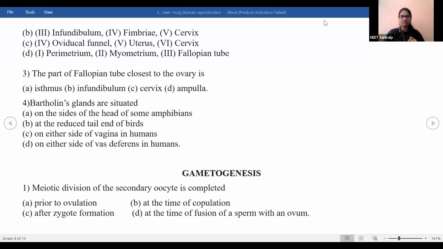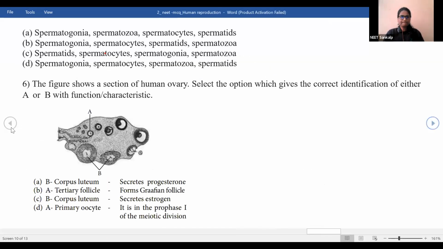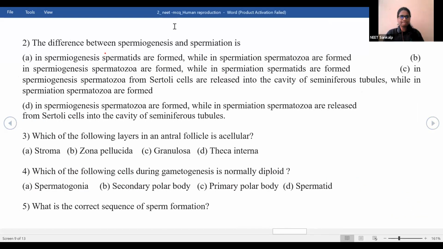Nagini option D, Shri Suresh option D, Manikantha option A. So the right answer is prior to ovulation only. Let me explain it later, because this is oogenesis.